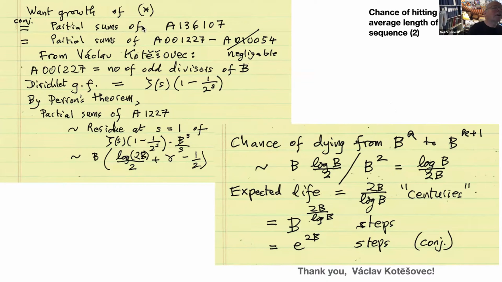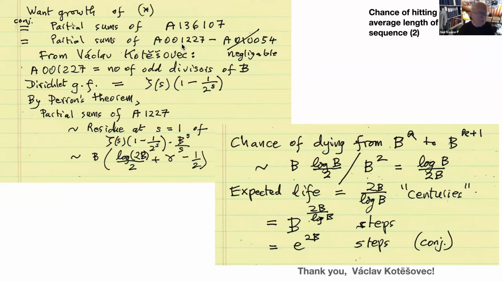We want the growth of that asterisk sequence, and there's the partial sums of that sequence. Now, that sequence turns out to be the difference between A001227 and A010054. The latter one is the characteristic function of the triangular numbers. It's zeros and ones. Its partial sums are negligible, so we can forget about that. A001227 is much more interesting.